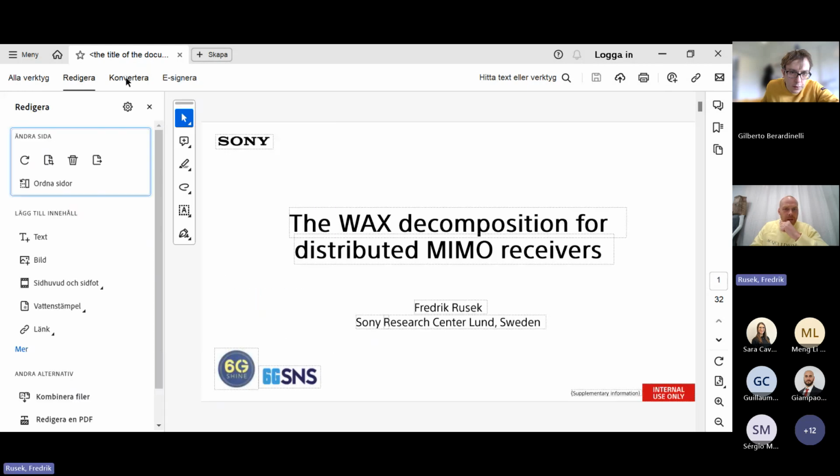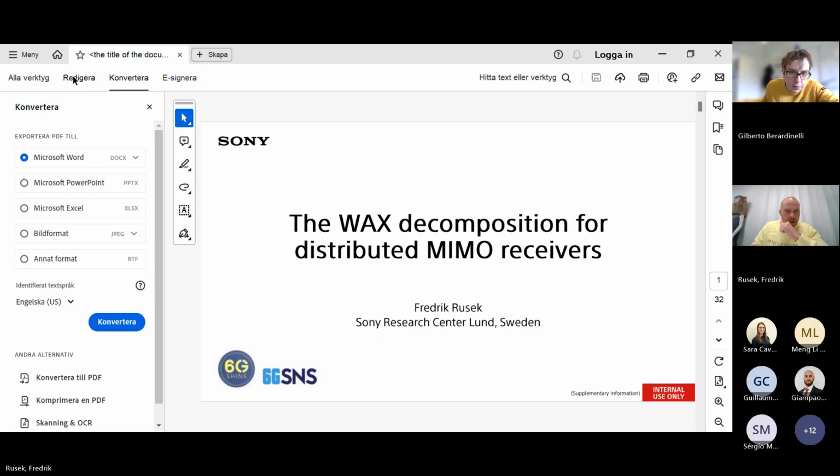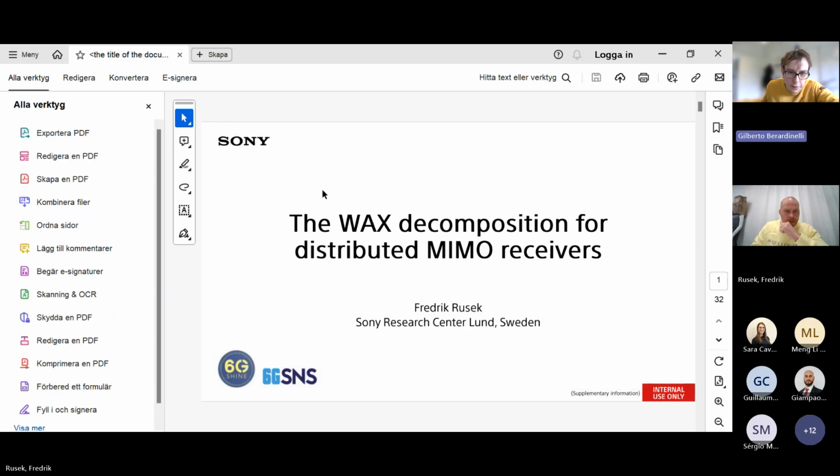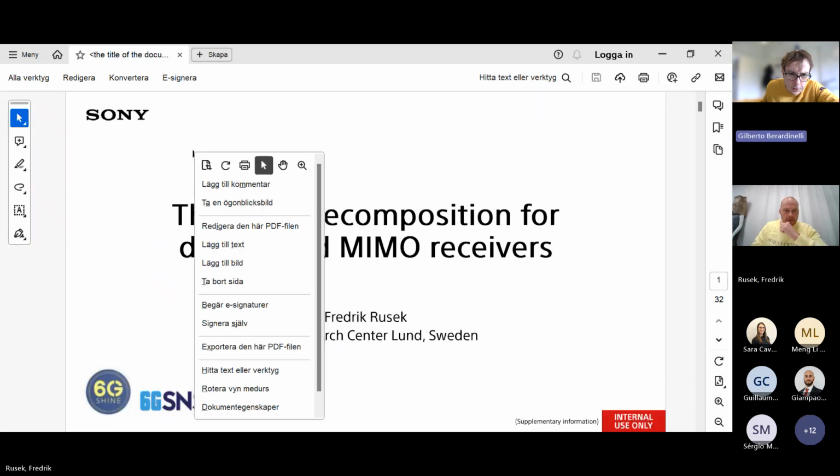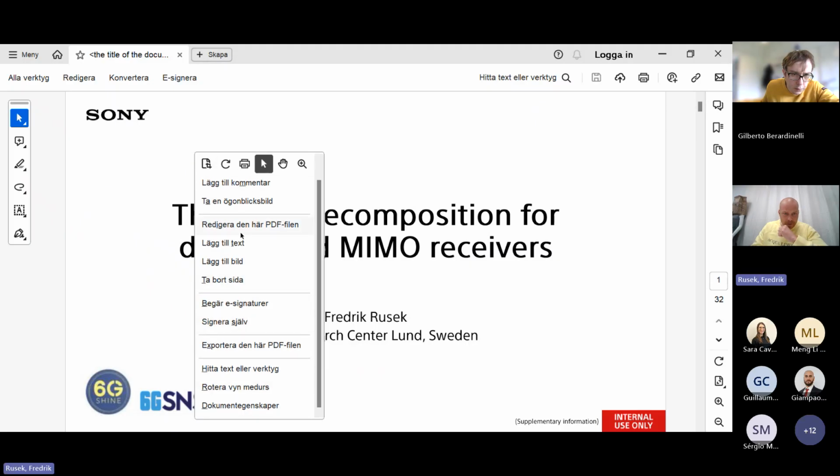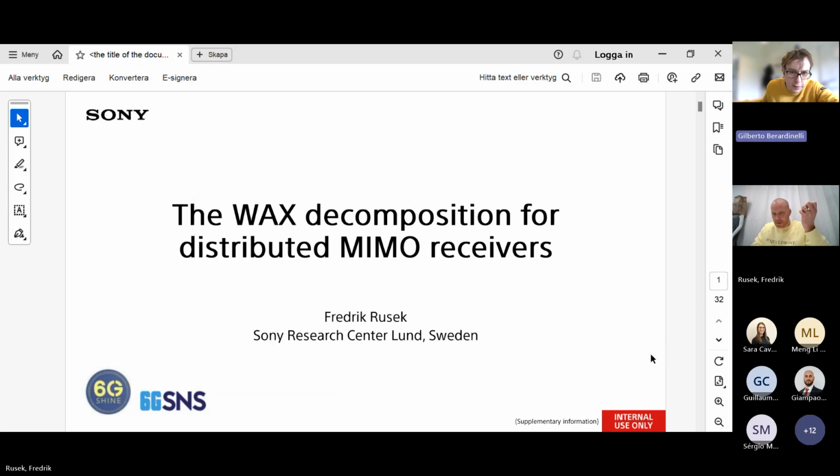Usually it is Control L, but that doesn't work. If you right click as you were doing before, maybe it should be one of those. Is it okay like this? I think it should be fine. It's quite visible. Okay, good. Thank you.